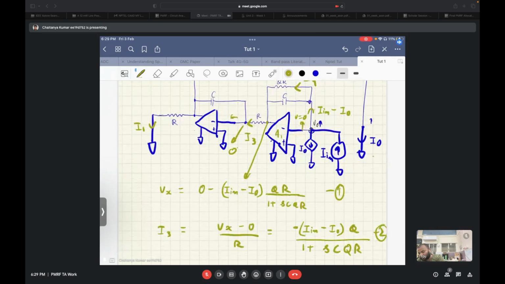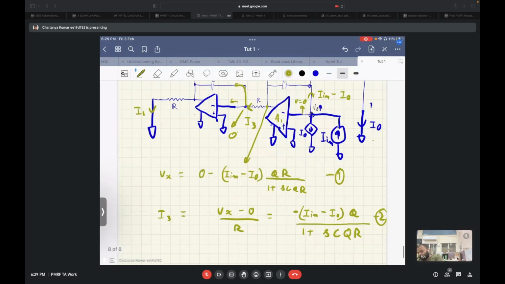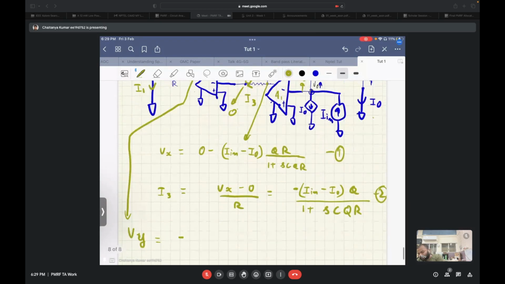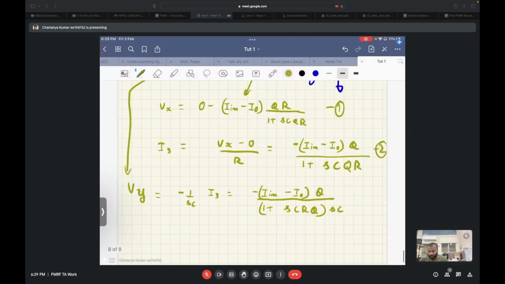Now this I3, since it can't go here, all of this I3 will flow through this capacitor C. So the voltage at this node, let's call it Vy. Vy will be minus 1 by SC times I3, and that comes out to be minus (I in minus I naught) times Q divided by (1 plus SCRQ) times SC.